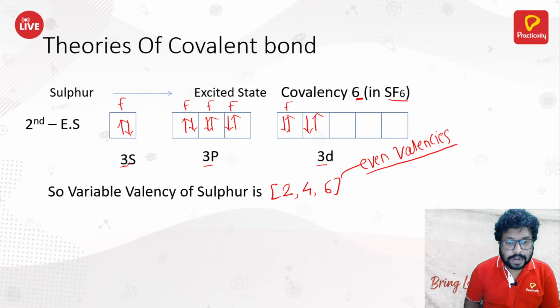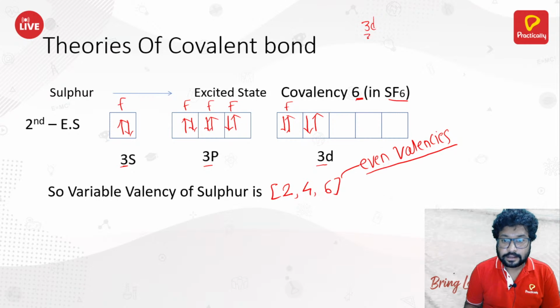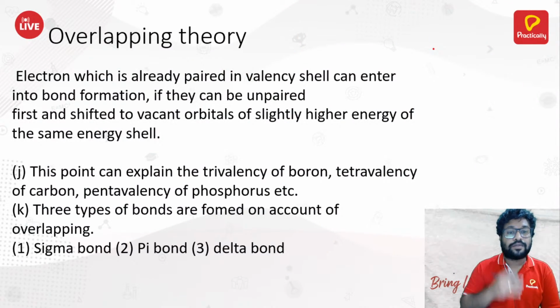So this can be unpaired and can be promoted to the next higher energy level because 3d is upper, then 3p, and then 3s. So basically you are promoting electron from here to here. So that is what that point was saying, that electron which is already paired in valence shell can enter into bond formation only if they can be unpaired first and shifted to vacant orbital of slightly higher energy of the same energy shell.